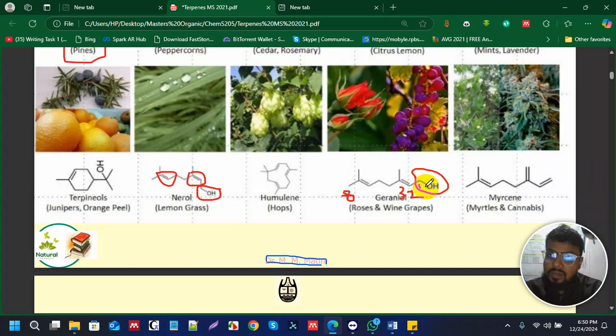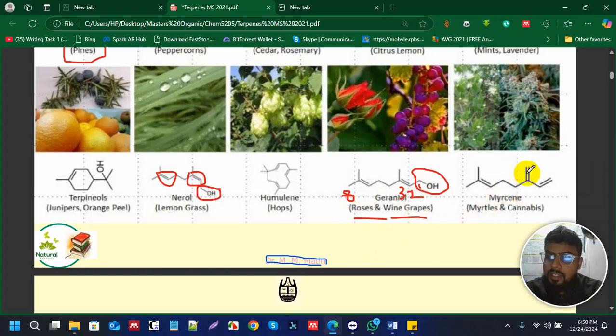In this way we'll be able to give the name of any specific compound or terpene or natural product in the following way. Geraniol can be extracted from roses and wine grapes. Roses and wine grapes contain geraniol type terpenoid compounds.